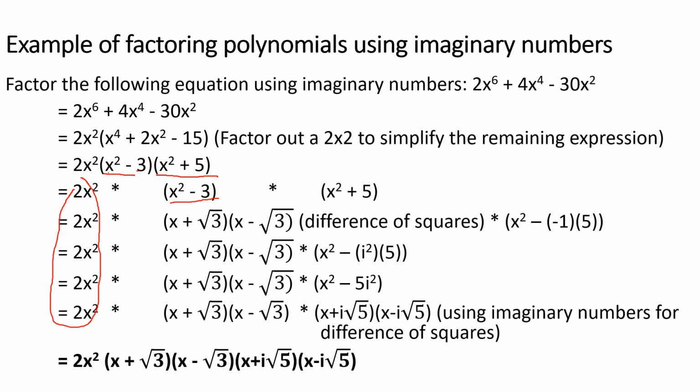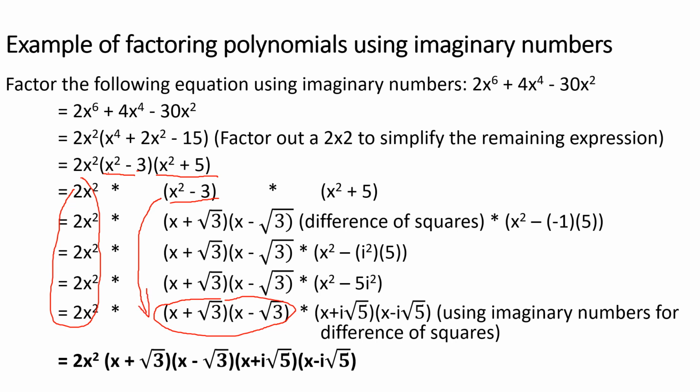Square root of 3 times x is plus square root of 3x. Those two cancel each other out. And then square root of 3 times negative square root of 3 is negative square root of 9, which is negative 3. So this one can be factored: x plus square root of 3, x minus square root of 3. I've just made a difference of squares by turning that 3 into a square root of 3.